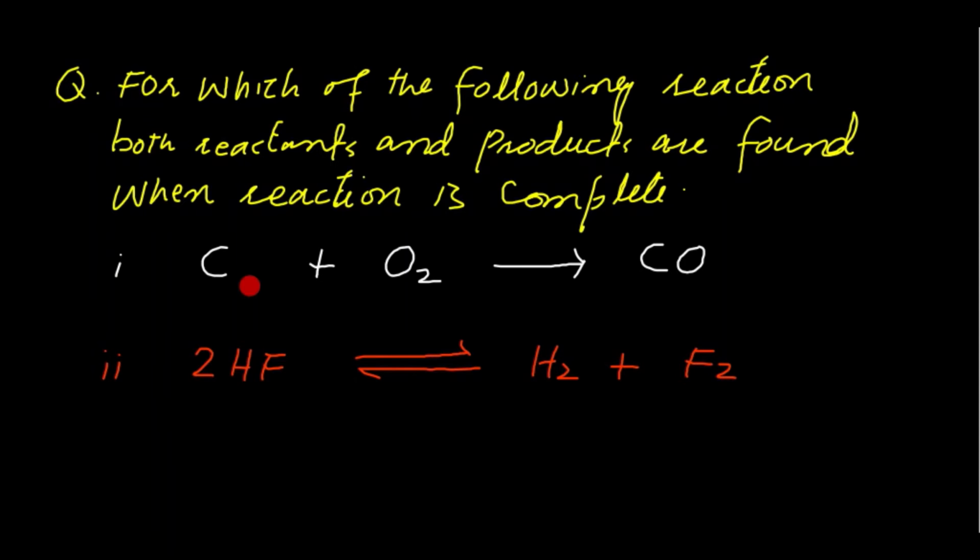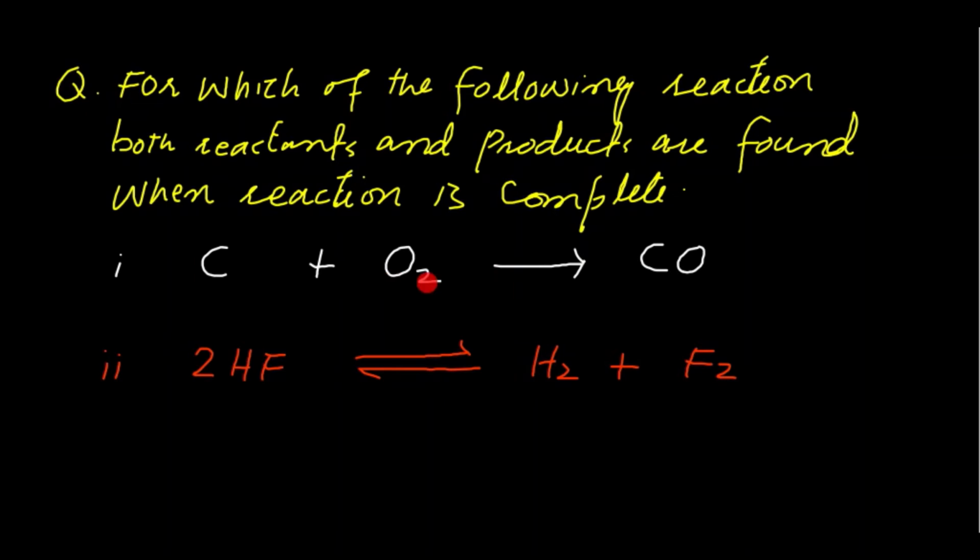Now let's see what is the first reaction. The first reaction is the reaction of carbon with oxygen to form carbon monoxide. In this reaction, carbon is burned in a limited supply of oxygen to form carbon monoxide. This reaction is an irreversible reaction. That's why this reaction is shown with the help of a single arrow.